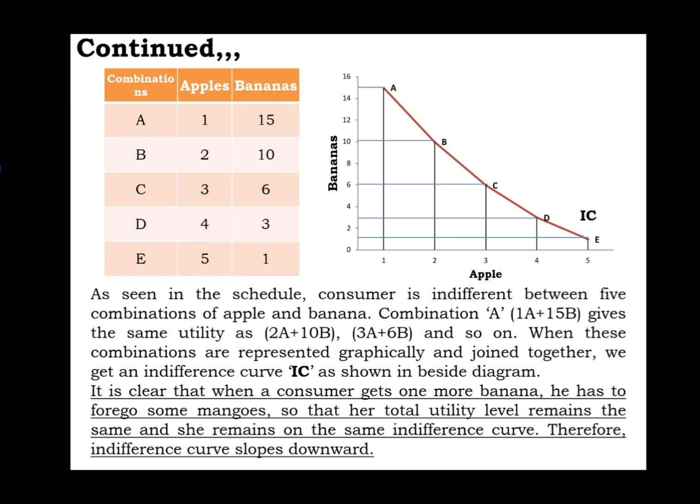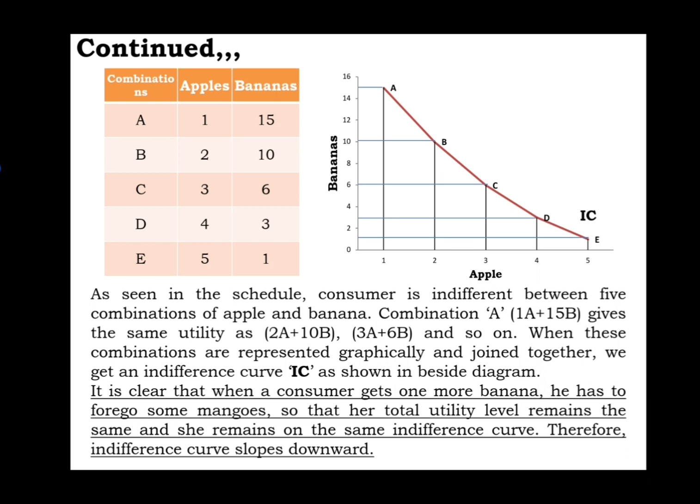If we see the second triangle there, BC, and the third, the triangles go on decreasing. So if we sacrifice that other commodity at a diminishing rate, then we can remain in the same level of satisfaction. So that is what we can understand through this indifference theory.